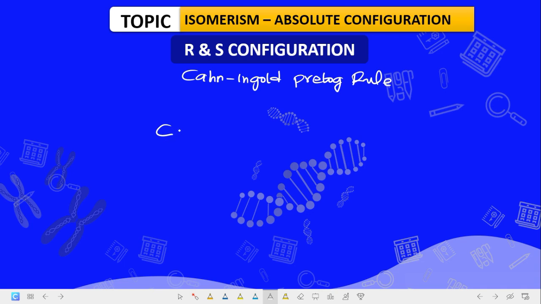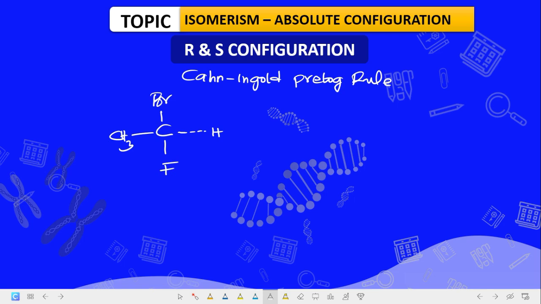For instance, if you have C, then let's say this is hydrogen, this is bromine, this is CH3, and this is, let's say, fluorine. For instance, you are given a compound like this.